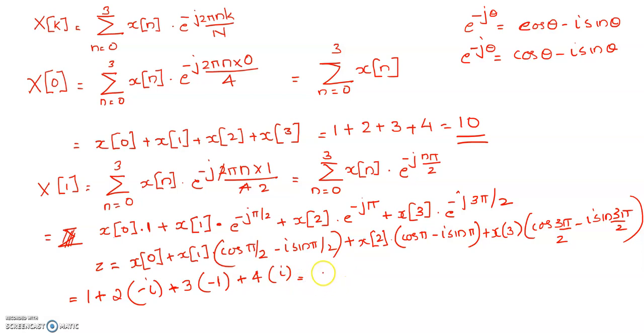So when you go ahead, it becomes 1 plus minus 2j minus 3 plus 4j. So when you go for this particular solution, it becomes minus 2 plus 2j. So you get that particular answer, minus 2 plus 2j. So that would be this particular case for x of 1.